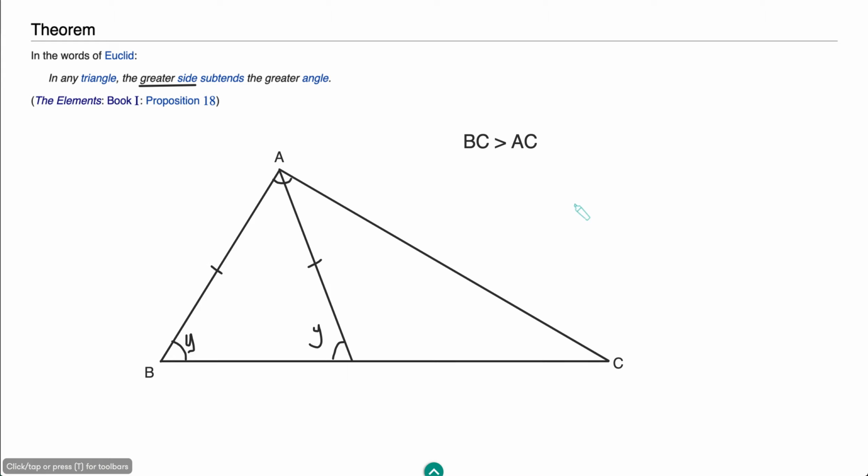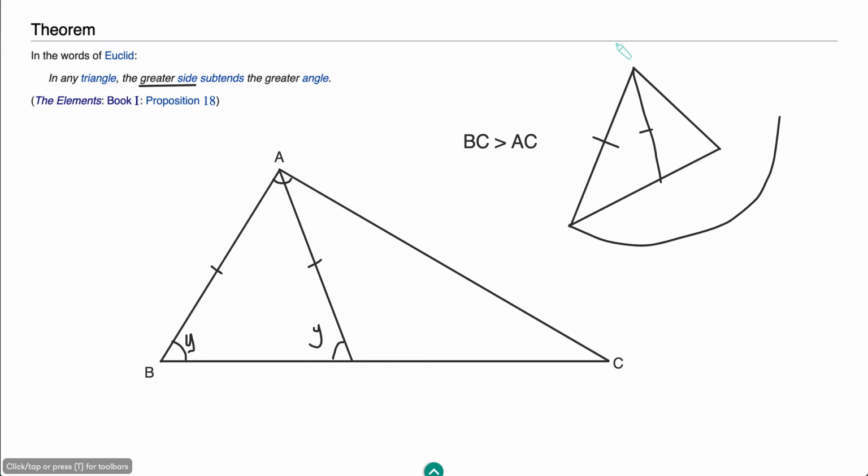Well, I don't think it is, because if you think of a triangle where AB is the longest side, then it's impossible to construct a line that's equal, because this sweeps out like this, and yeah, so that's not possible.